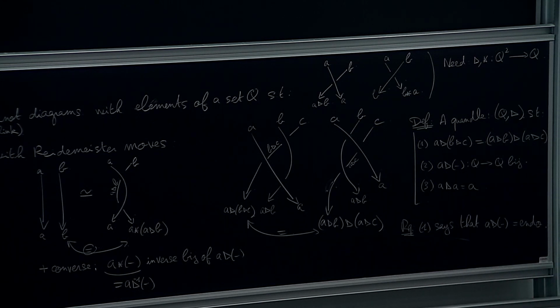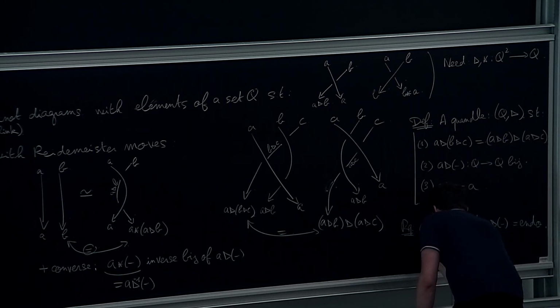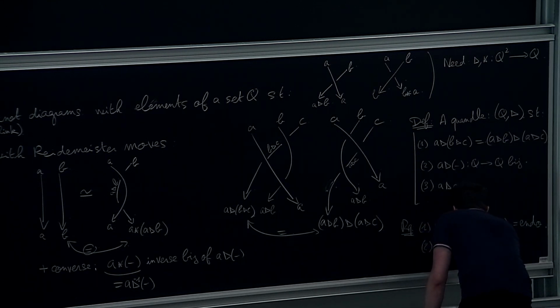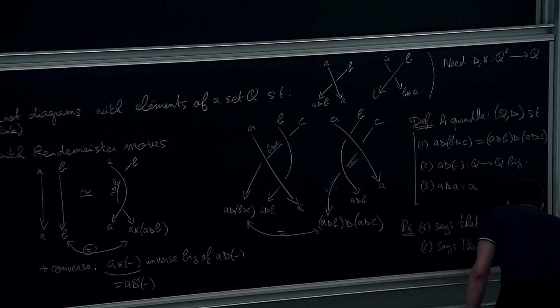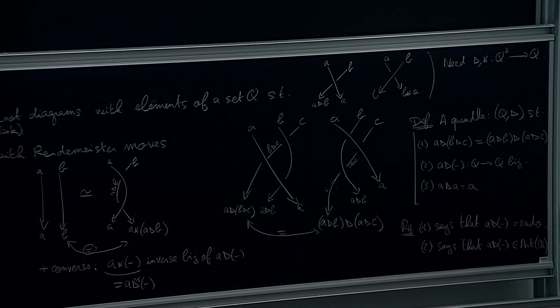So Q acts on itself by endomorphisms. And in fact, the second one says that these are automorphisms of Q, automorphisms for the law itself.